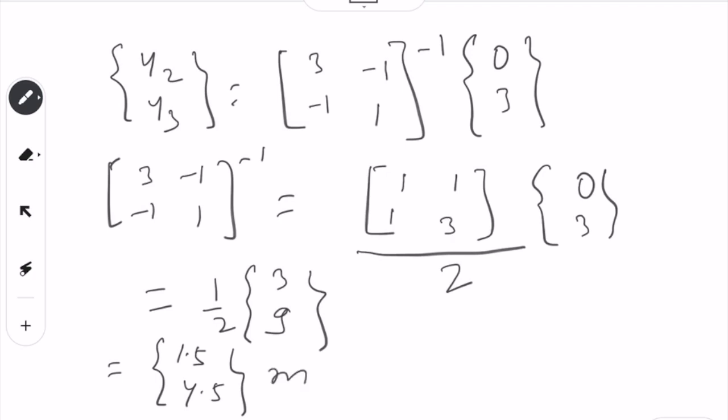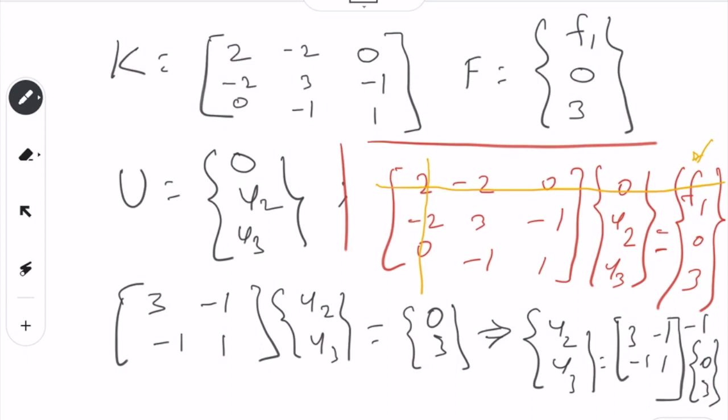This will be in meters. Okay. So this means U2 equal to 1.5 meter and U3 is equal to 4.5 meter. Okay. Once you know that, you can also find out now the forces, and for that you can use the first equation now, right.